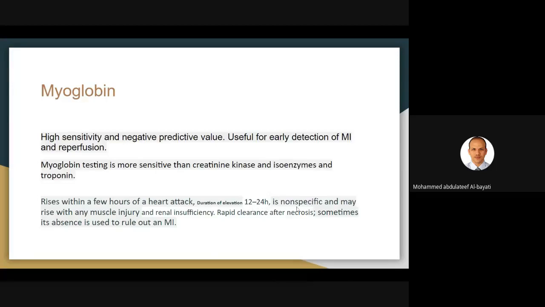It is non-specific, although it is sensitive, and may rise with any muscle injury or renal insufficiency. Rapid clearance after necrosis, as we see, it lasts for 1 day only. Sometimes its absence is used to rule out myocardial infarction due to its negative predictive value.